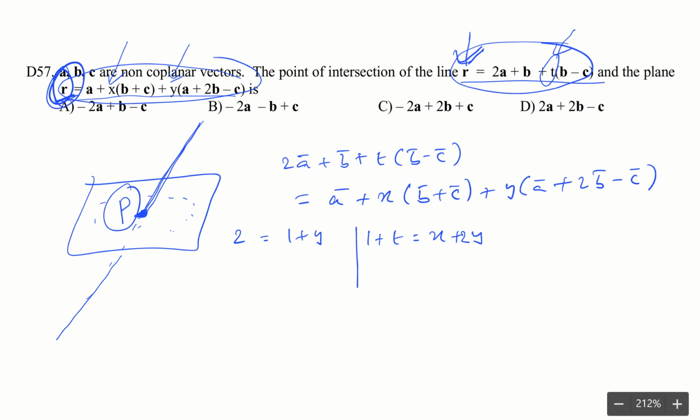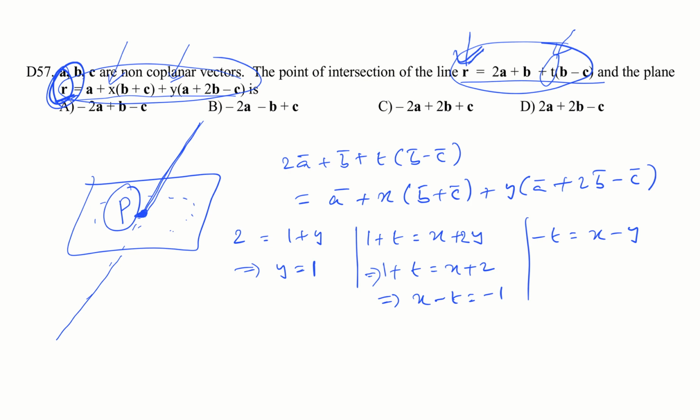And comparing the coefficients of c bar on both the sides, I have minus t is equal to x minus y. Now from this I have y is equal to 1. Using y is equal to 1 in this equation, I'll get 1 plus t is equal to x plus 2, or from that I have x minus t is equal to minus 1.